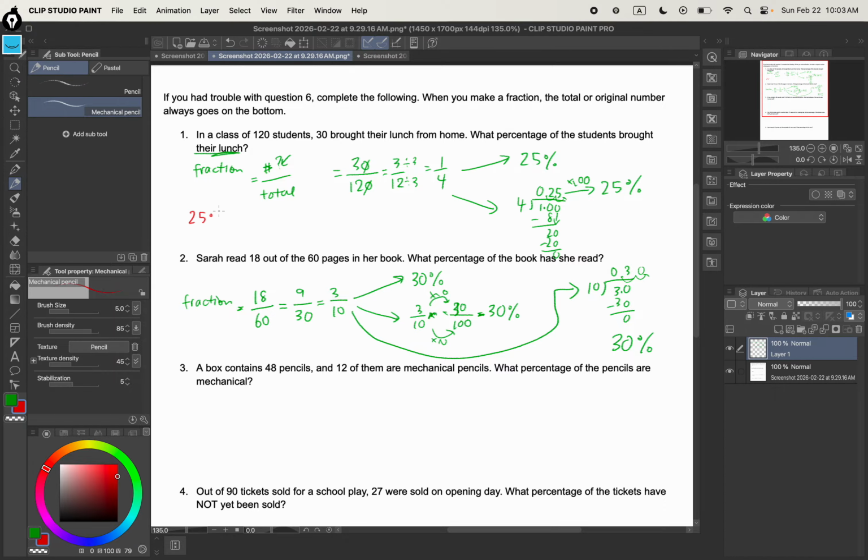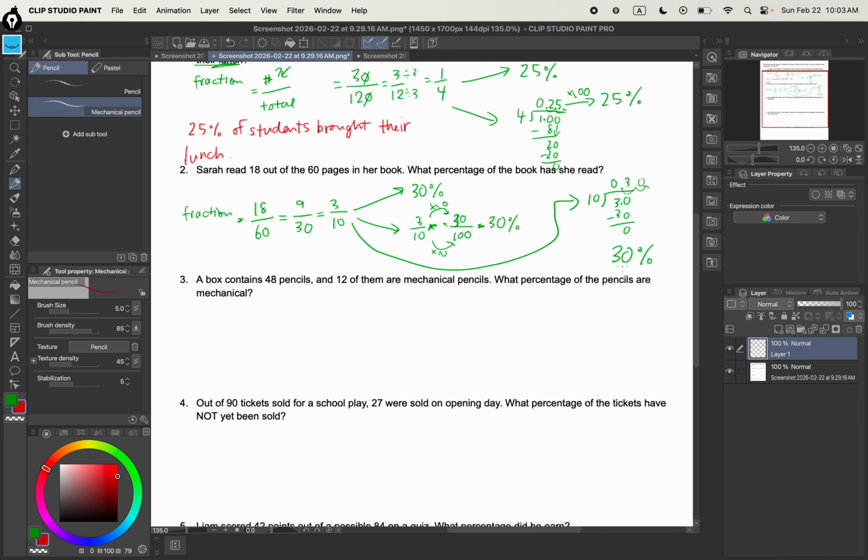Say 25% of students brought their lunch. Here you would say Sarah has read 30%.